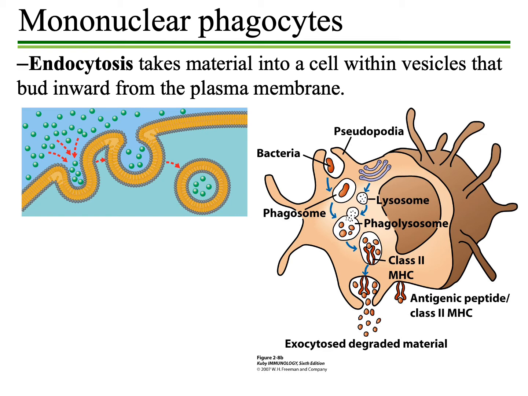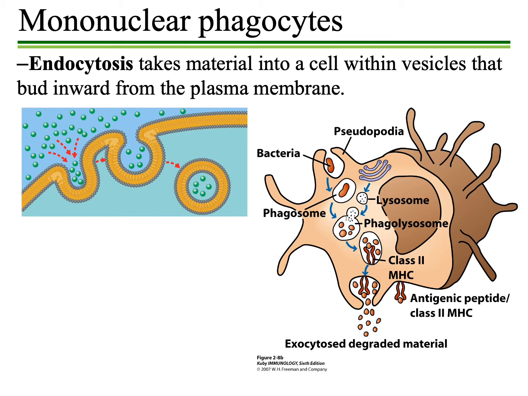The word root phag means to eat, and this is a mechanism that essentially is like taking in large molecules to break them down overall. Now, with phagocytosis, you have the concept again of internalizing the external component.